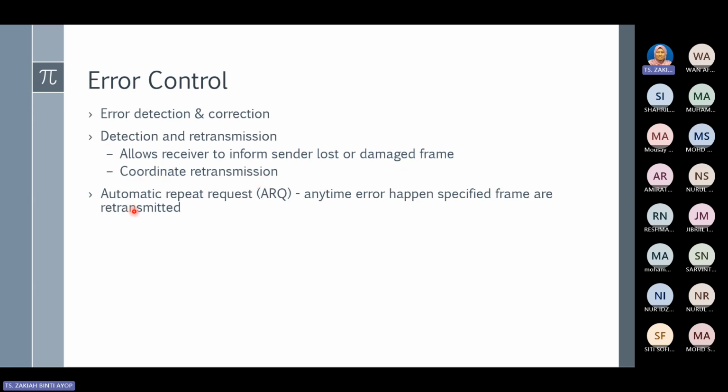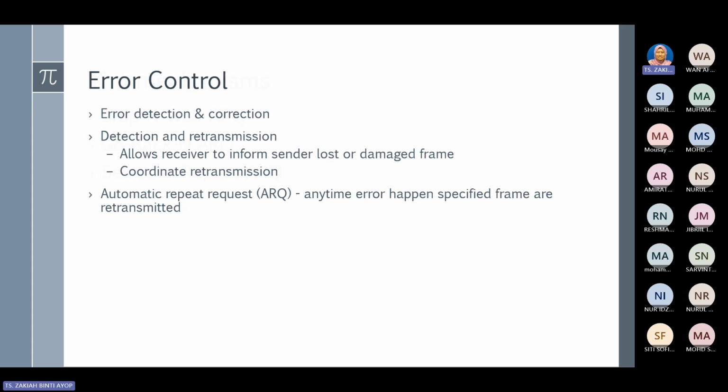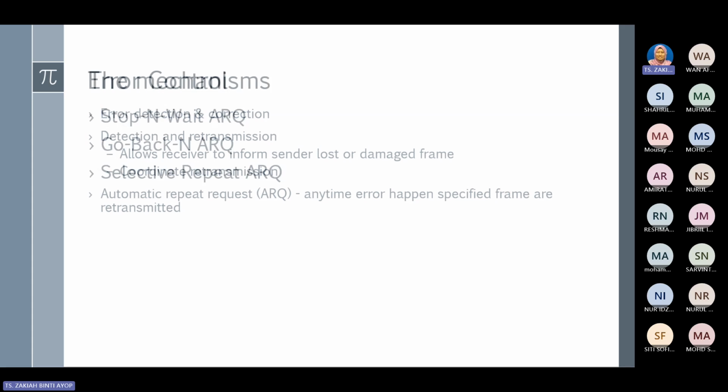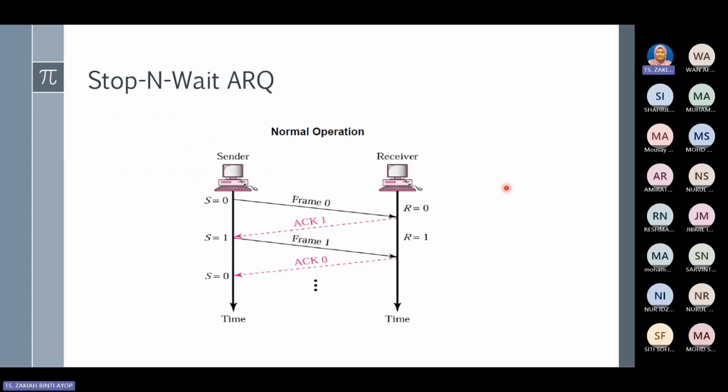In this case we use automatic repeat request, ARQ, where any time an error happens, the specified frame would need to be retransmitted. For flow control of the retransmission, we can use these three basic mechanisms: stop-and-wait ARQ, go-back-N ARQ, and selective repeat ARQ.